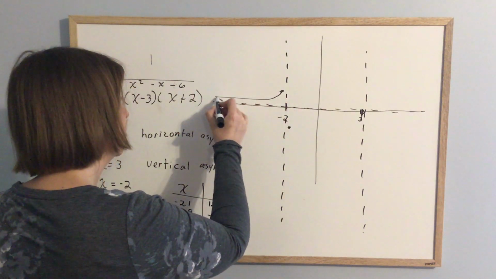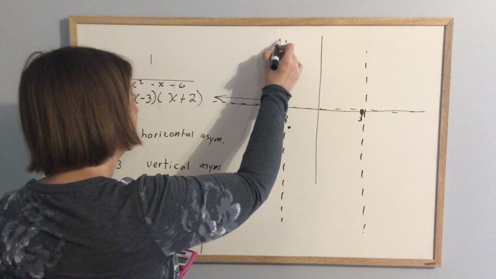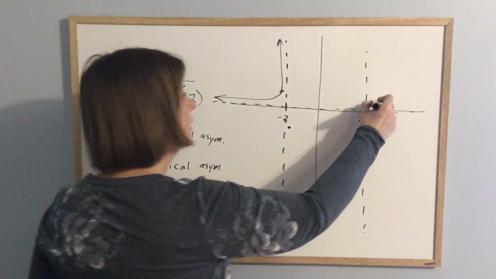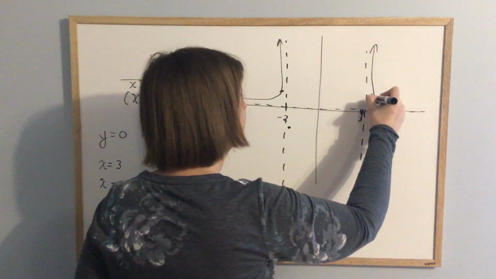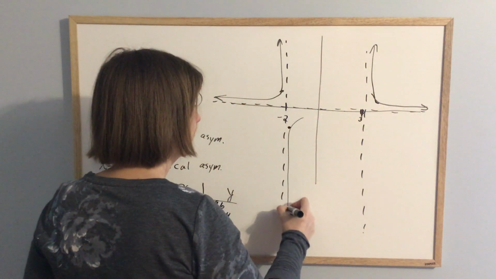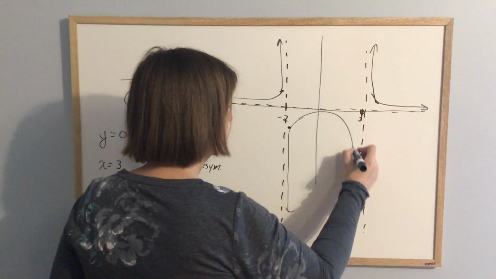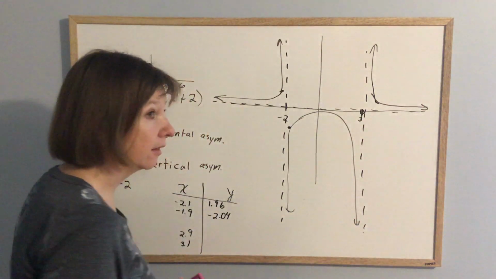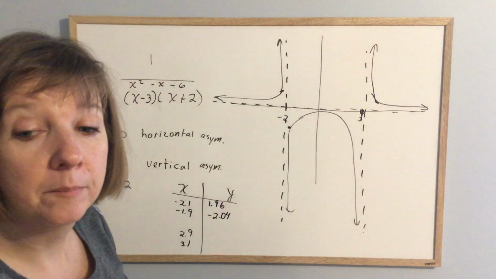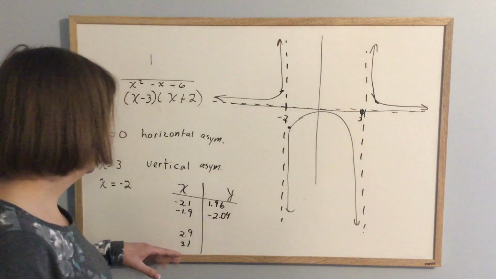What's actually going to happen is it's going to do this. And I do the same thing for 3. It's going to end up doing this, and this is actually going to end up doing something like that. But again, I would do a table of values.